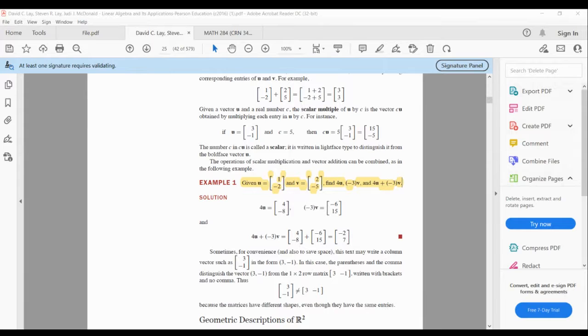I hope it's pretty intuitive. The way you add two vectors is you add their corresponding components. If you multiply a vector by a scalar, the scalar multiplies each of the components. Are there any questions on the solution in example 1 from the book?